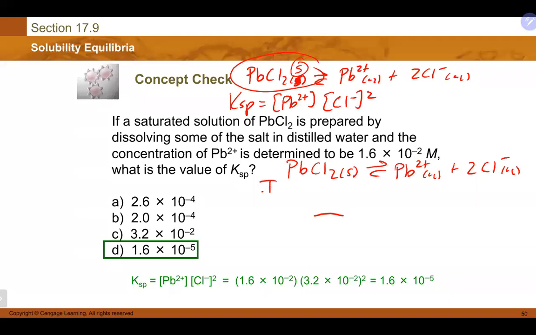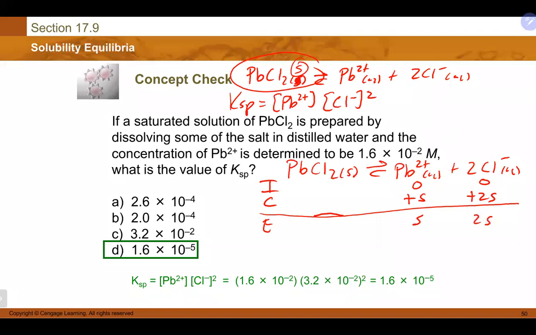Initially here we have nothing of our products. The change would be plus S, plus 2S, and the equilibrium would be S and 2S.